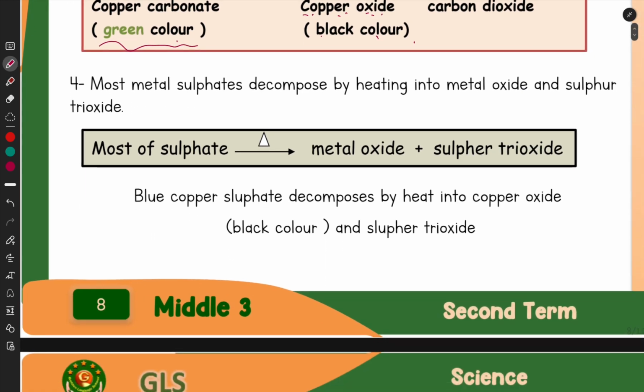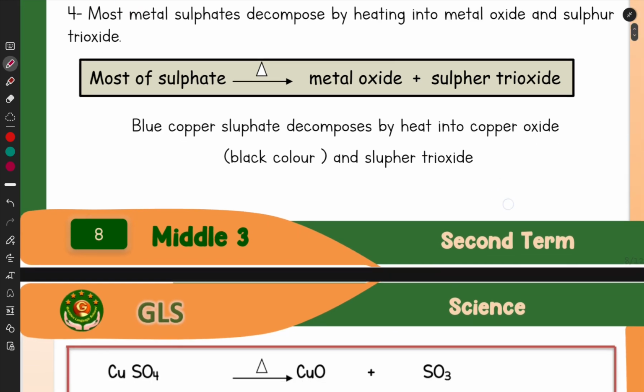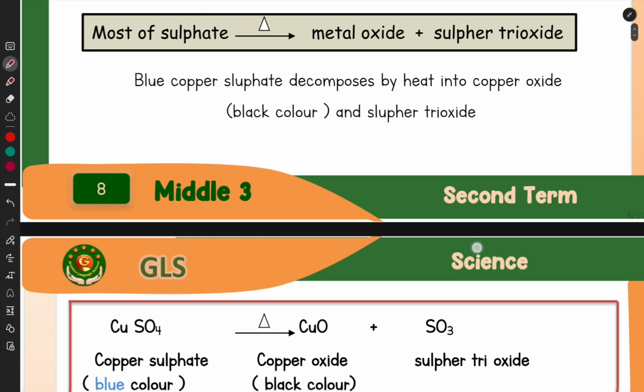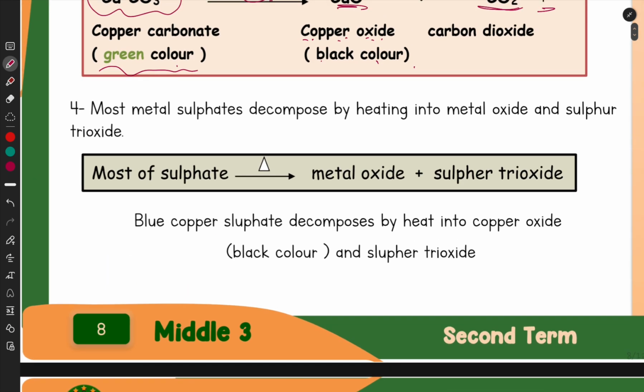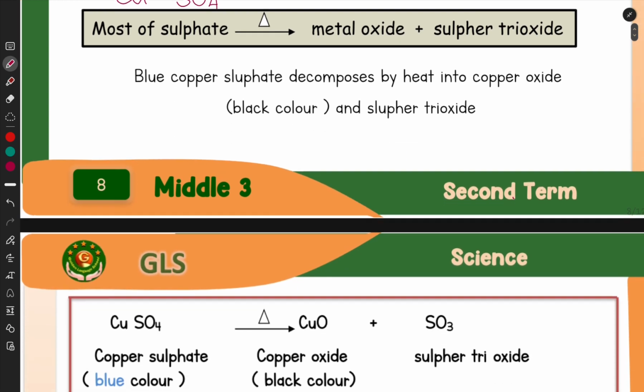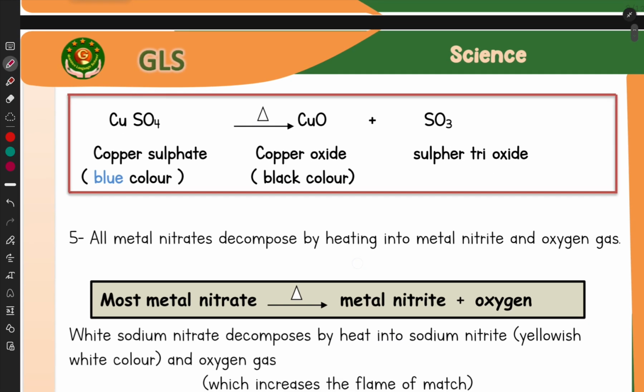What about most sulfates? What is the meaning of sulfate? Sulfur means S, and sulfate is SO4. The metal we will use right now is copper, so copper sulfate. Let's make the example.